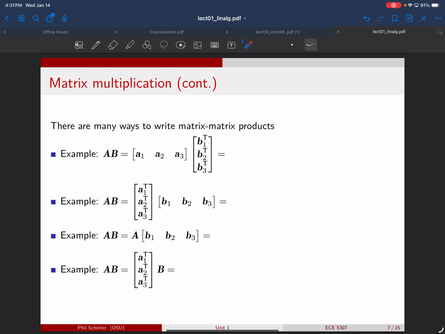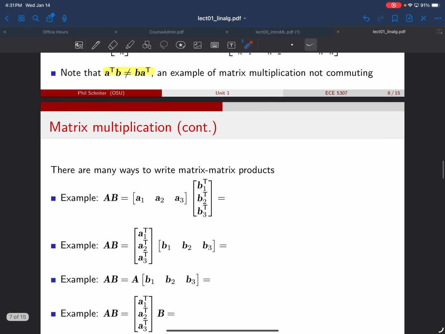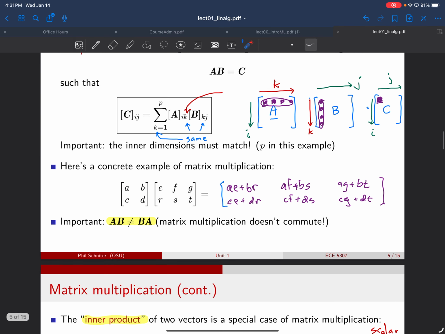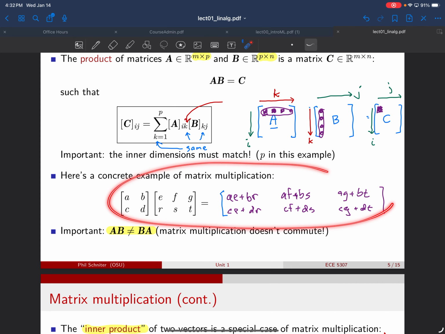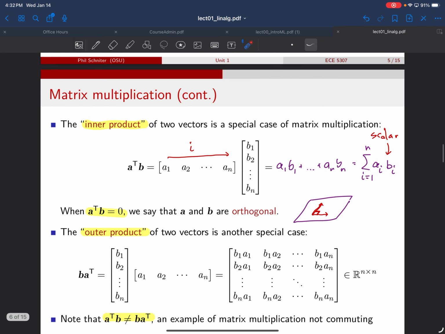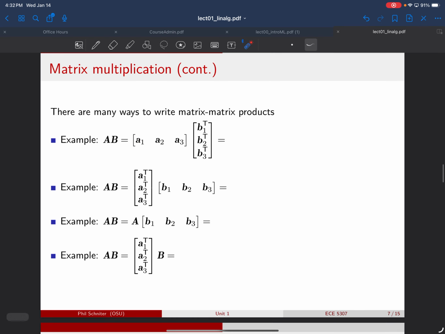Now, if you want to do this multiplication here and to express the answer in terms of these different vector quantities, you can use exactly the same logic as we applied here with scalars, but we can now actually do this with vectors. So it ends up that this is A1 times B1 transpose plus A2 times B2 transpose plus A3 times B3 transpose.